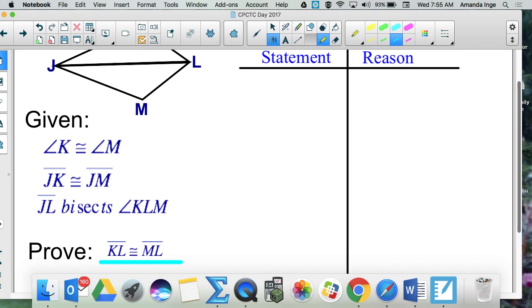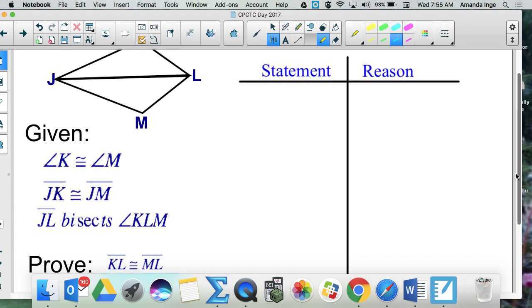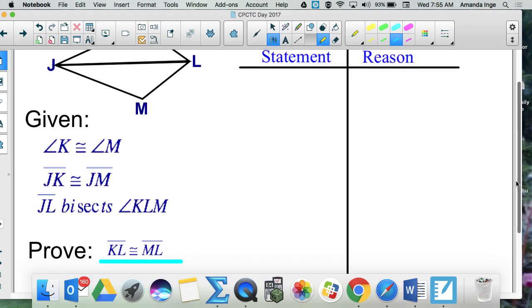So before you can do that, you have to state that the triangles are congruent. We're trying to prove this.